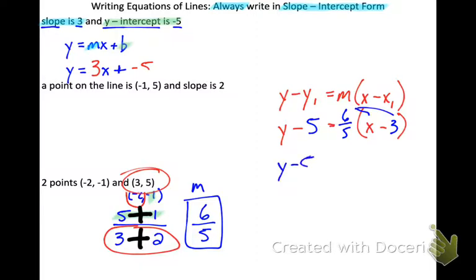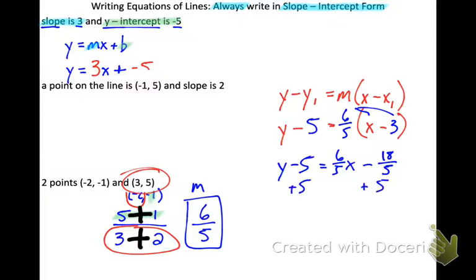So I get y minus 5 is equal to 6/5 x minus, so that gives me 3.6, or as a fraction, that's 18/5. Then I can add my 5 over to the other side.